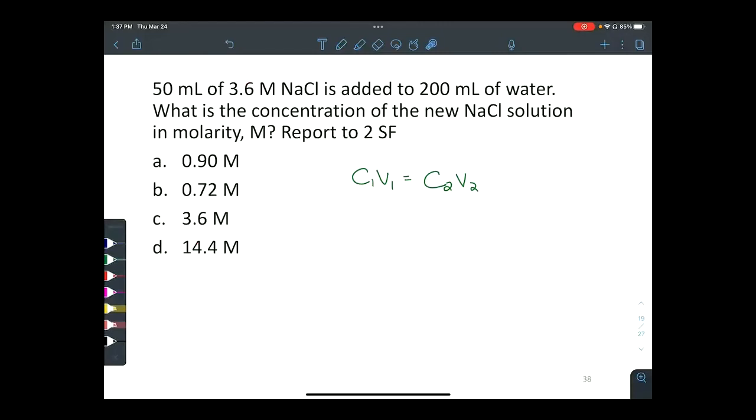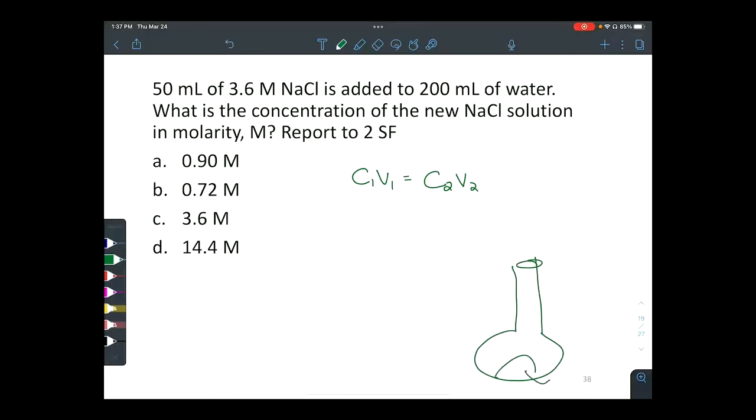So just like in the previous question, I like to go through all of the values given and identify what's C1, what's C2, what's V1, what's V2. So it looks like we're starting with 50 milliliters of a 3.6 molarity solution, and we're adding it to 200 milliliters of water. Sometimes drawing it might be useful.